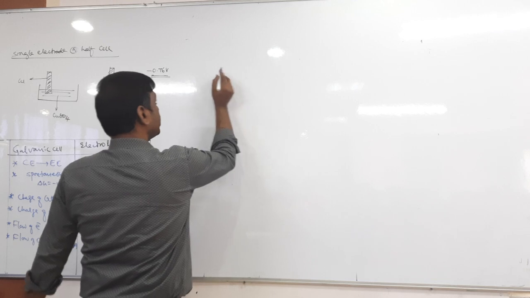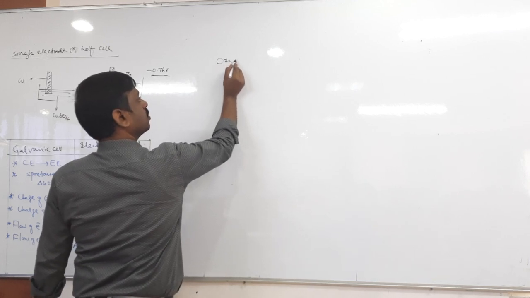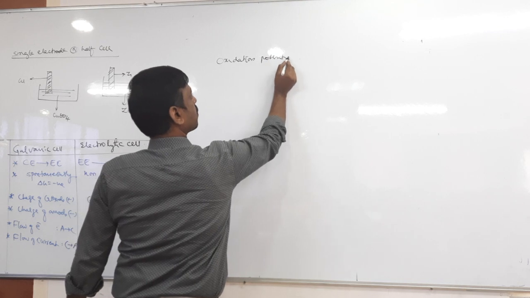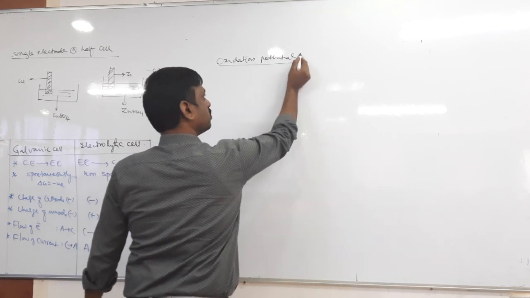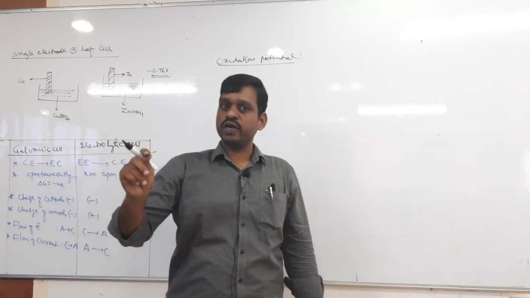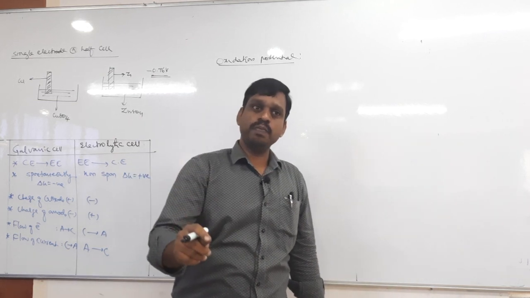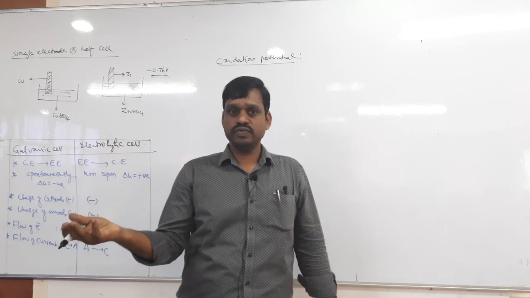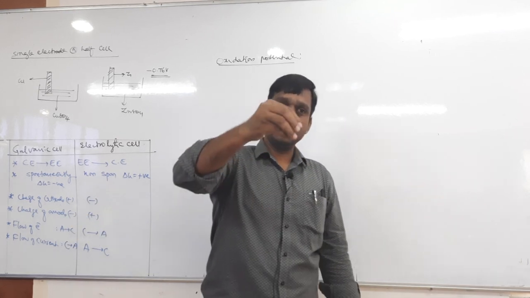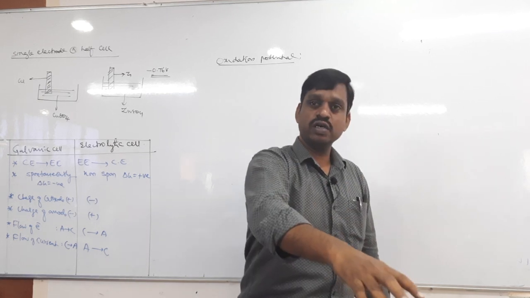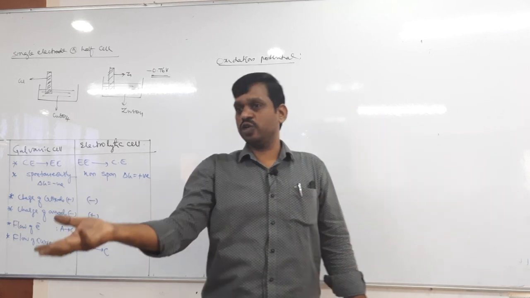One is oxidation potential, second one is reduction potential. So what is oxidation potential? Oxidation potential is the potential developed at an electrode by the process of oxidation. For example, when a metal is dipped in its own solution, that metal may undergo oxidation, or it may undergo reduction.